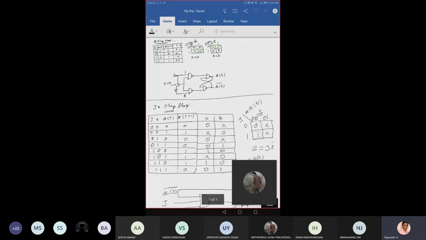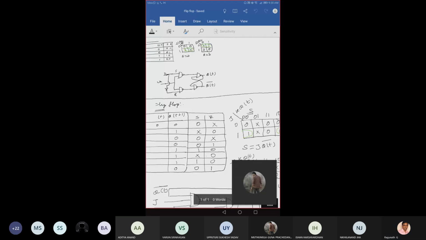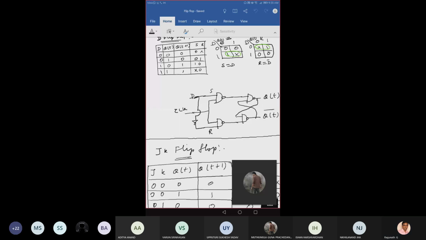Please understand. I have an SR flip flop, but I want to design a D flip flop. The reason is that I already have the circuit for the SR flip flop. So this circuit is already available.